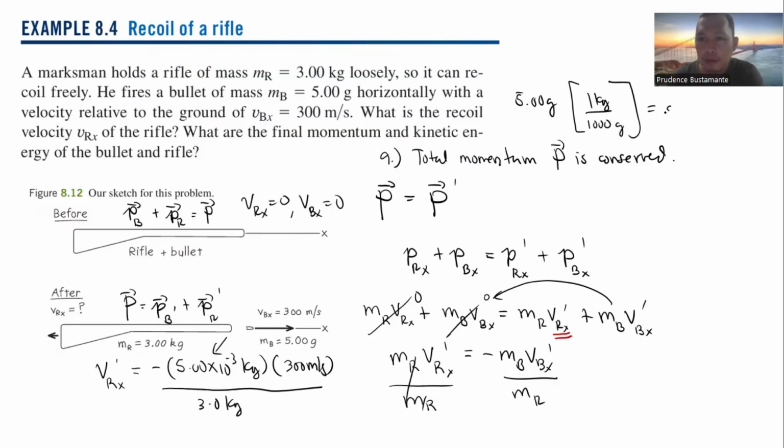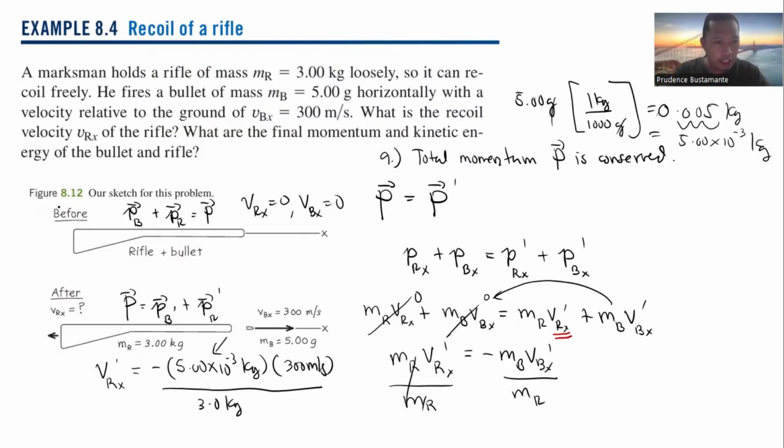So you have 5 times 10 to the negative 3 kilograms, like that.